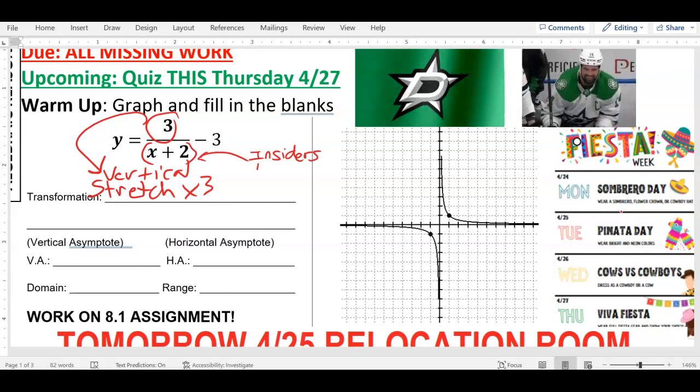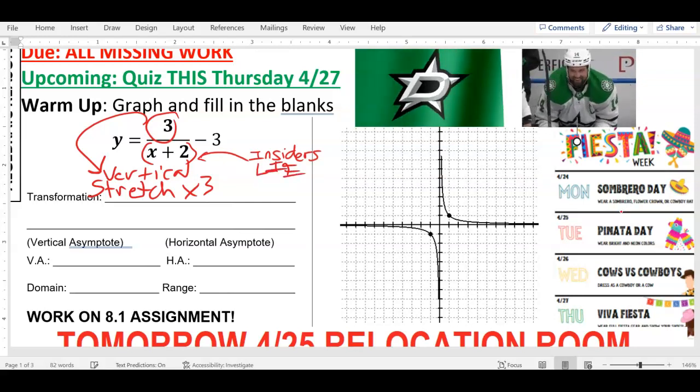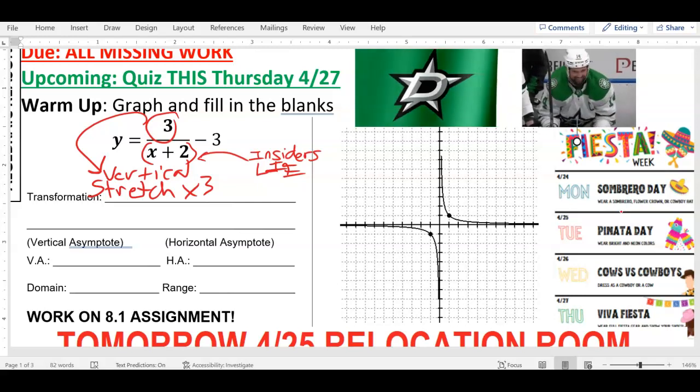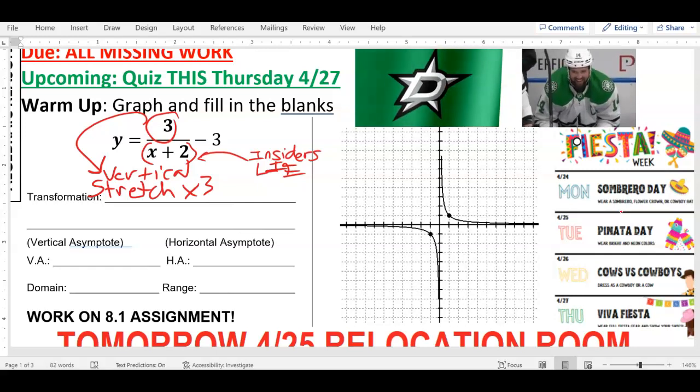Insiders lie, meaning +2 really means -2, okay? Also from our notes on Friday, if it's on the bottom, it's going to be horizontal, left or right. So here's the deal. Does everyone see this +2 here? Okay, it's a lie, so it really means what?